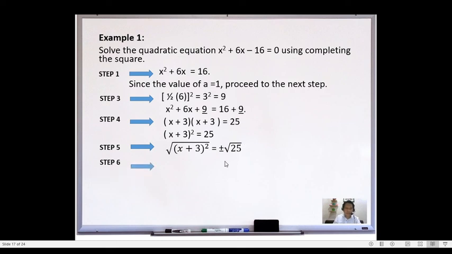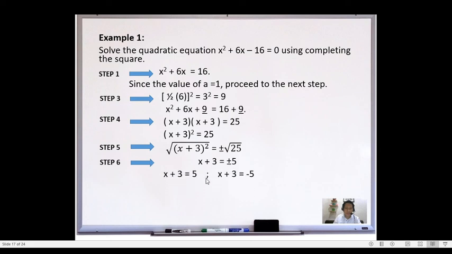So for step number 6, x plus 3, so we are going to cancel out. So this will give us x plus 3 is equal to positive and negative, we have the square root of 25 is equal to 5.